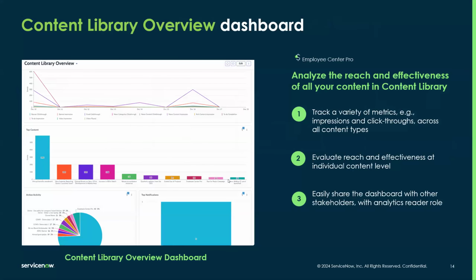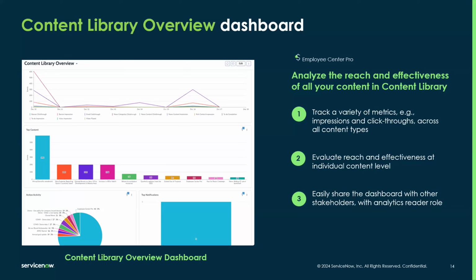Okay, so here's a view into the content library dashboard. Now, the content library dashboard, like I said, is to analyze the reach and effectiveness of all your content. We will do a demo shortly and walk you through each and every widget on this dashboard and talk about what content is visible and how to read it.